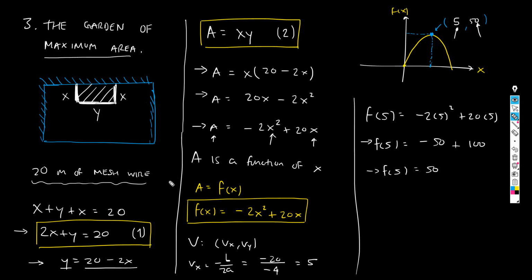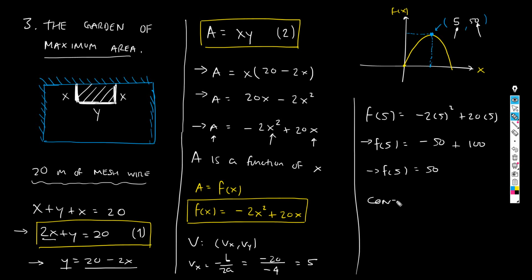Because I have in here, for example, look at this equation, 2x plus y equals 20. Now that I know x, which is 5, I just put it here, 2 times 5, it's going to be 10. And so if this is 10, then y has to be 10, right? In order for 10 plus 10 to be 20. So I have already found y.